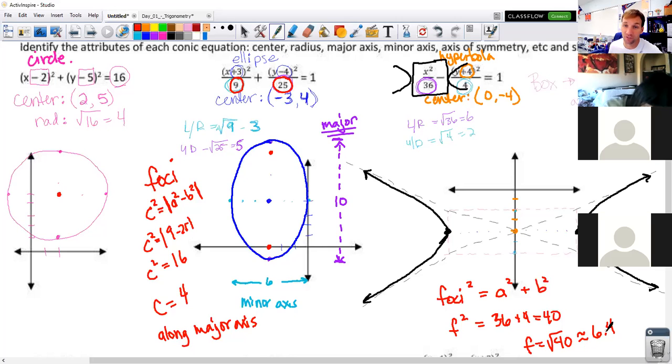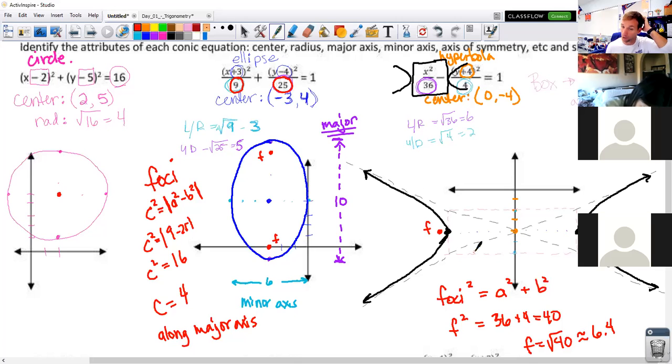So we get this focal length, and that means we count from your center 6 units, 1, 2, 3, 4, 5, 6.4 out towards your graph. These are your two foci. They are the last parts of your graph, just like for an ellipse.